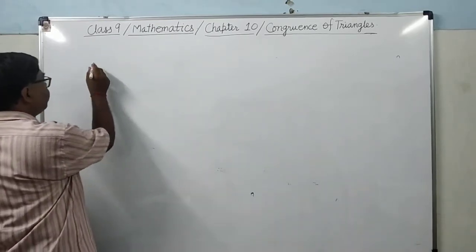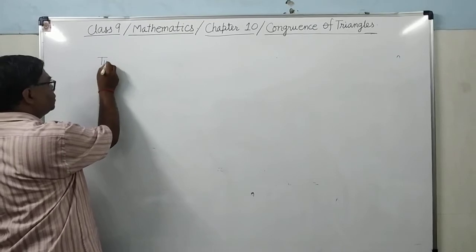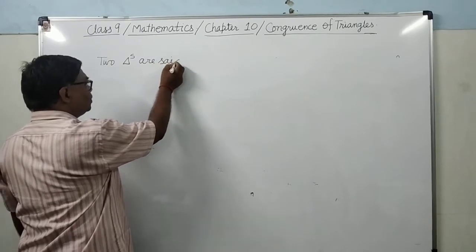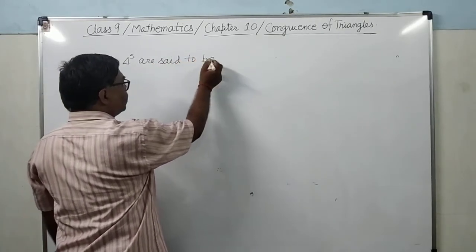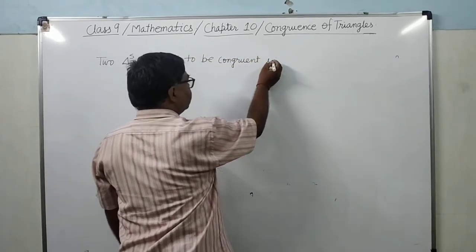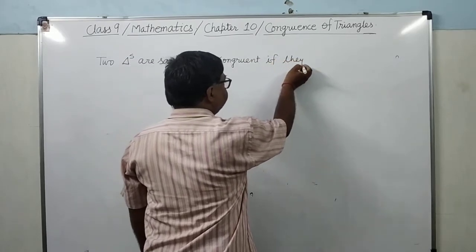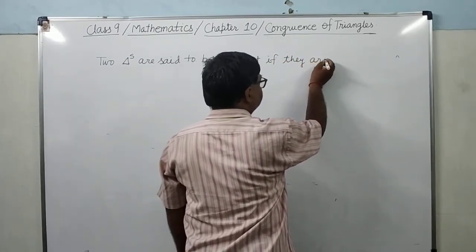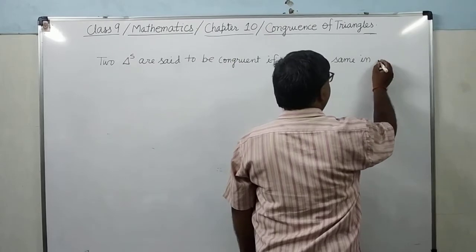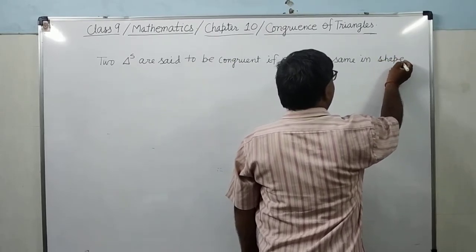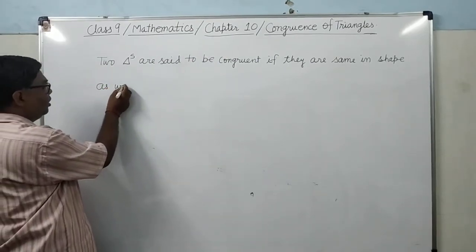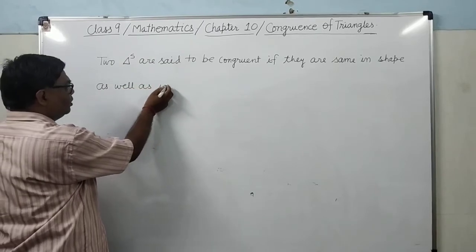Now congruency of triangles means two triangles are said to be congruent if they are same in shape as well as in size.